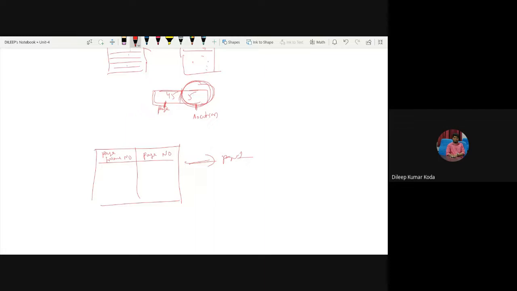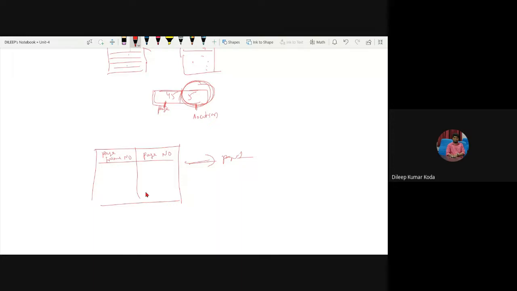That means first you have to go to the page table, then only you can find where the page is stored in the page frames. Is this clear? With the help of the page table, you can know where a particular page is stored in a page frame. That's it.